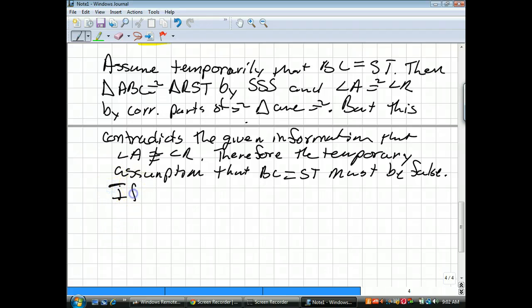So it follows that length of BC is not equal to length of ST. Okay, and that is our proof. All right, let's try another one.